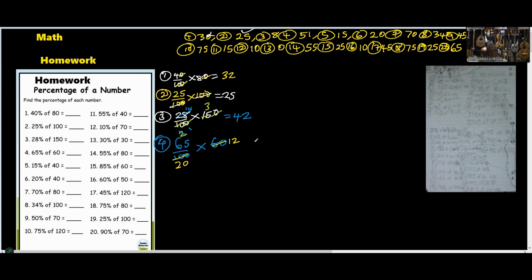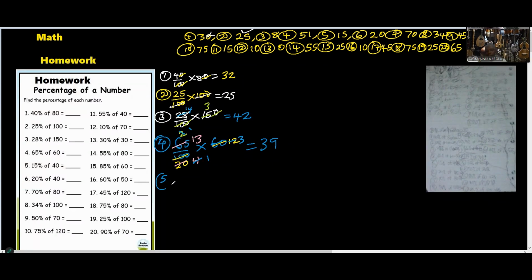Are you hearing me? I can hear you. So 5 can still divide. 5 here, 4, and 5 here, 13. 4 can still divide, 4 here, 1, 4 here, 3. So I have 13 times 3, that is 39.